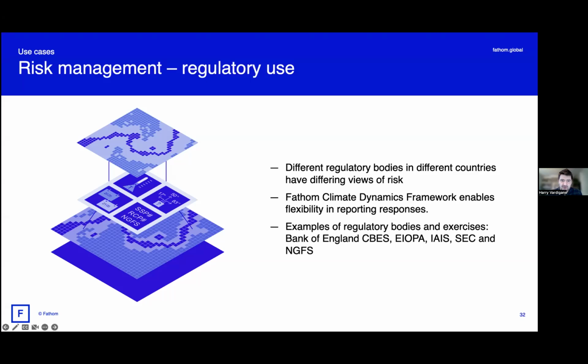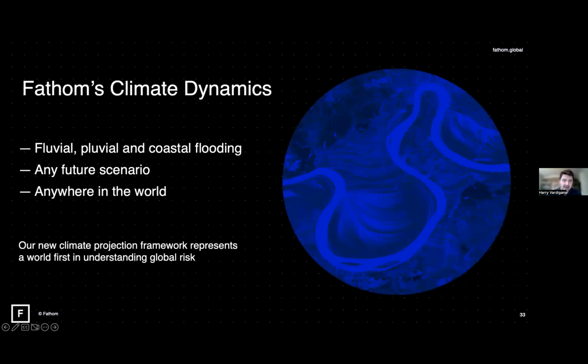So this variability in requirements is why we developed the climate dynamics framework. Next slide please, Matt. When we approached our customers and prospects and the wider market, we asked, which scenarios, which years do you want? And everyone gave us a different answer. That left us scratching our heads a little bit.